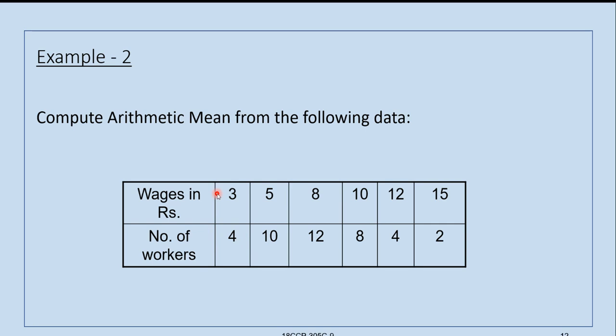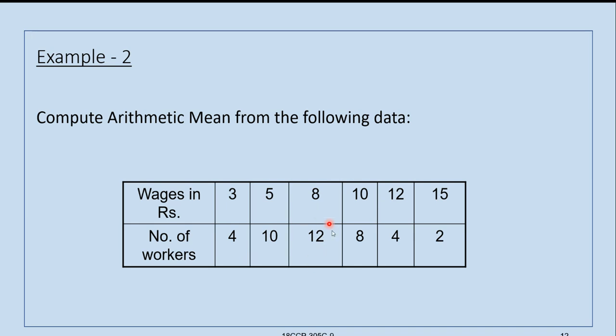Now, for 5 rupees wages, we have 10 workers, and so on, up to 15 rupees wages. 15 rupees wages are for 2 people only. Here we see the wages are 8 rupees for 12 people.